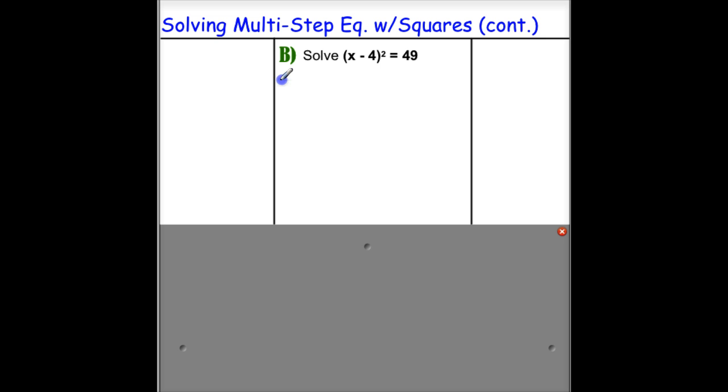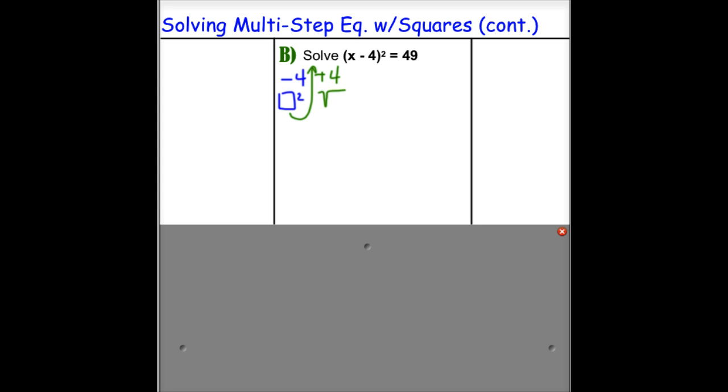So first we're subtracting 4, and then we are squaring. So when I make my U-turn, this time I'm first going to square root to get rid of the squaring, and then I'm going to add 4.